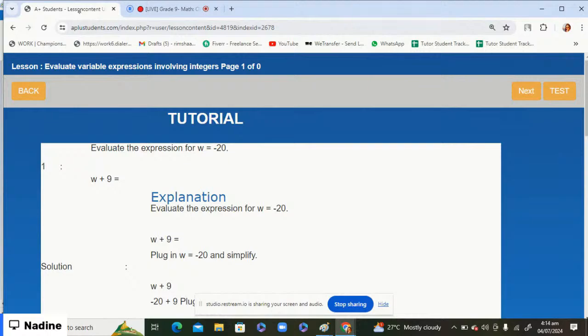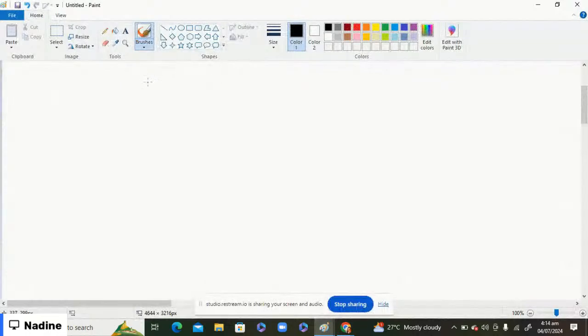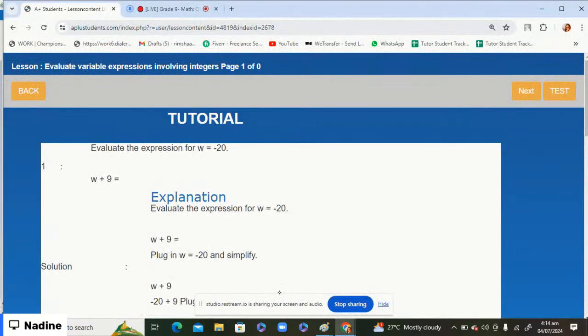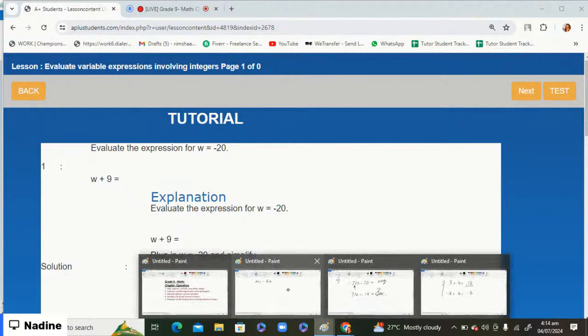For example, here w equals minus 20. Let's write it: w equals minus 20. Understand? And the question given is w plus 9, and they are saying to solve it.